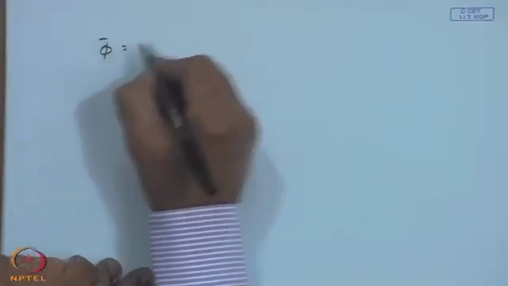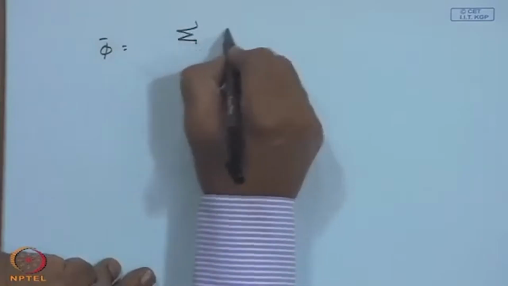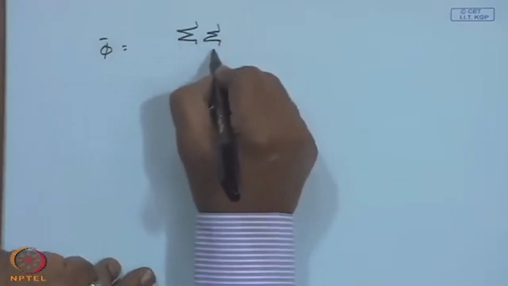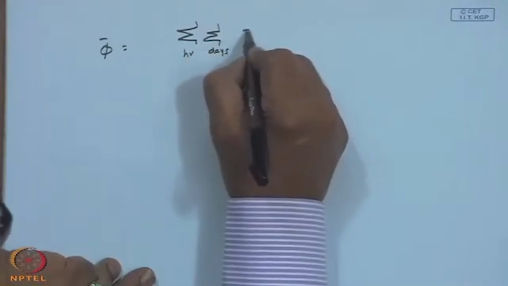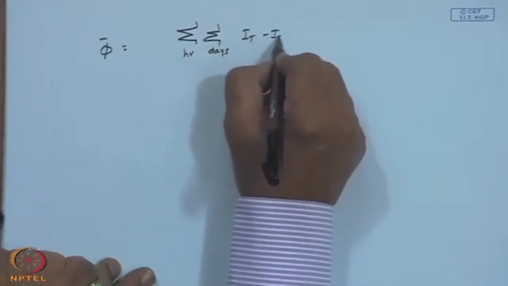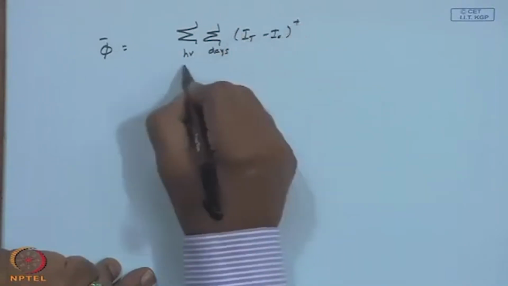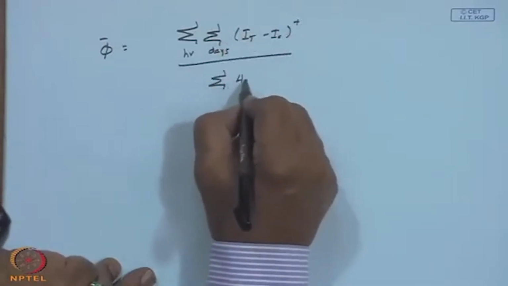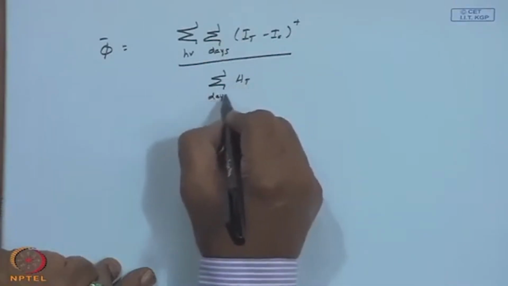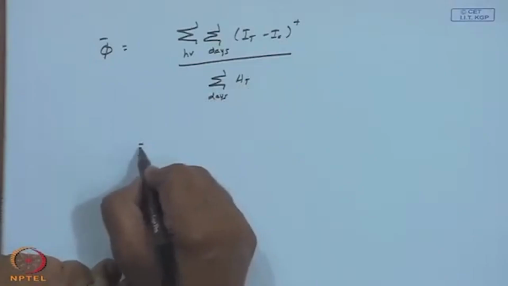So, the same phi bar can be rewritten as sum over the days and the hours of I t minus I c plus, by sum of H t over the days.